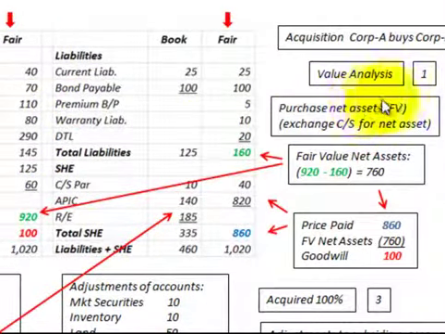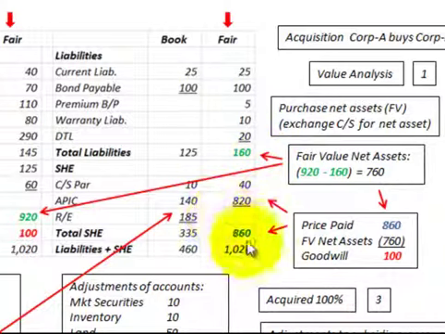So looking at our value analysis, in this case Corporation A purchased the net assets, or their fair value, of Corporation B, and they exchanged their common stock for these net assets. In this case, Corporation A gave Corporation B $860,000 worth of their common stock.